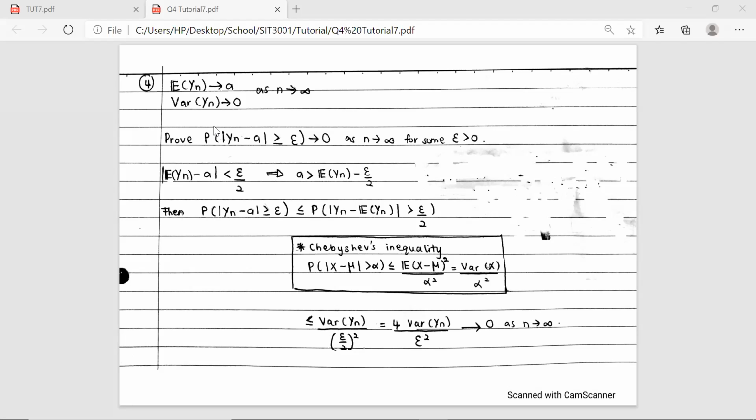As the question gives us that the variance of yn approaches 0 as n goes to infinity, this will also approach 0 as n goes to infinity. Okay. So I didn't use the hint given in the question.